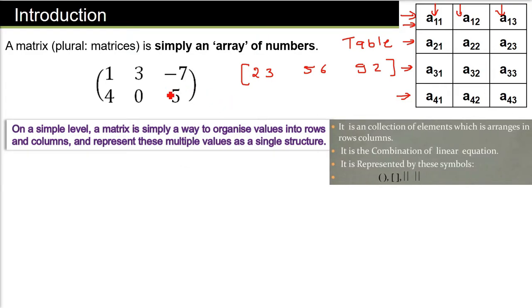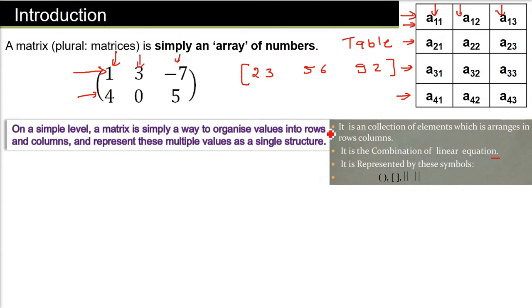So let me tell you again, matrix is a collection of elements, items, values, which is arranged in rows and columns. And the intersection of row and column is called a cell, and that cell will have a number. So this matrix has 2 rows and 3 columns.